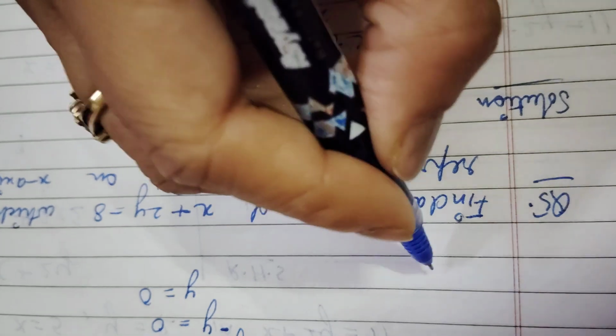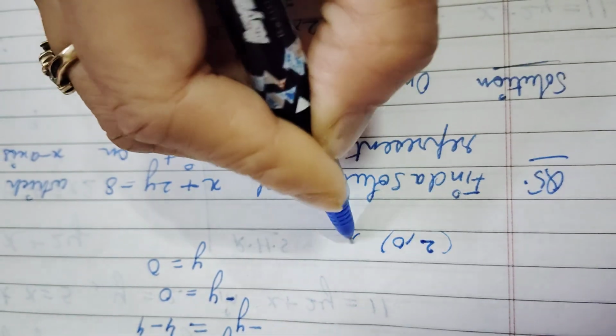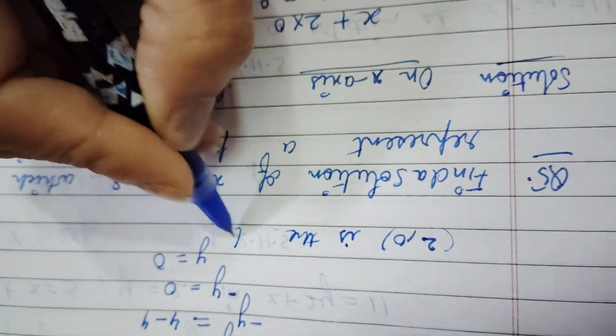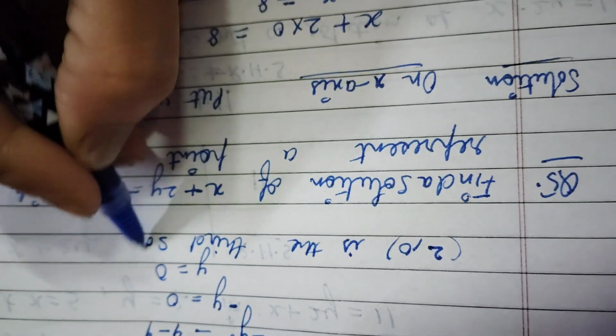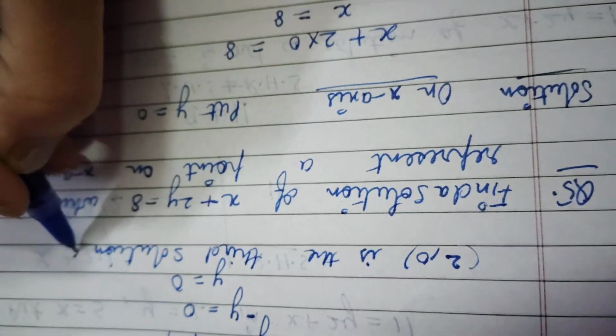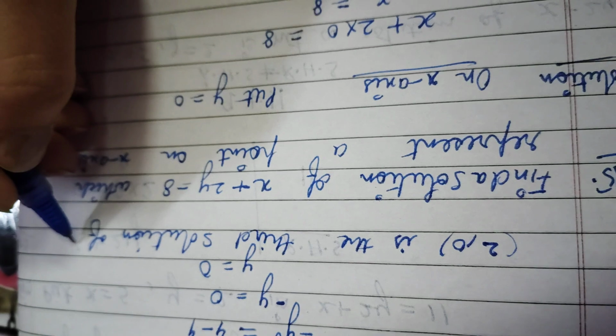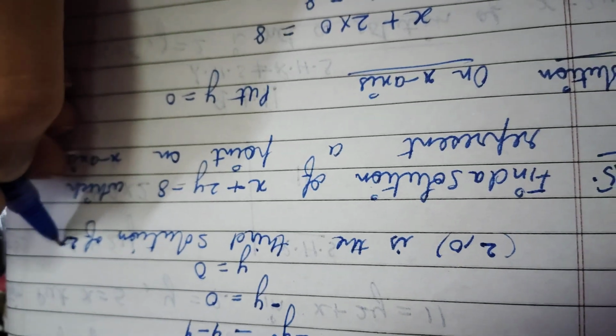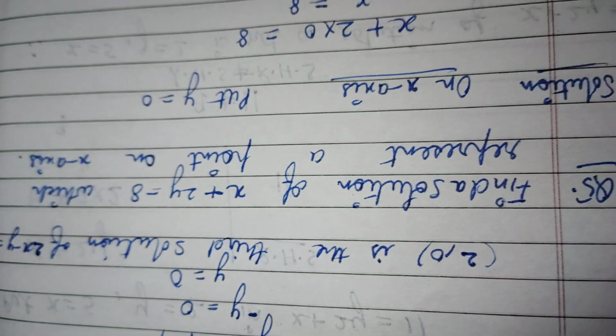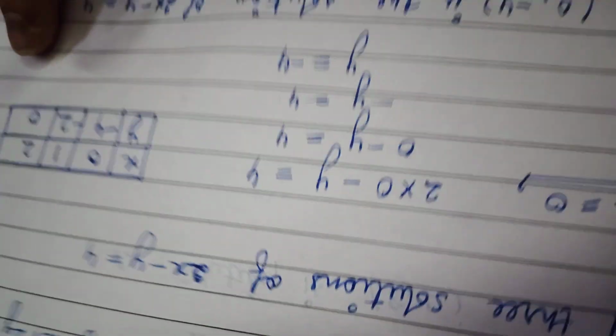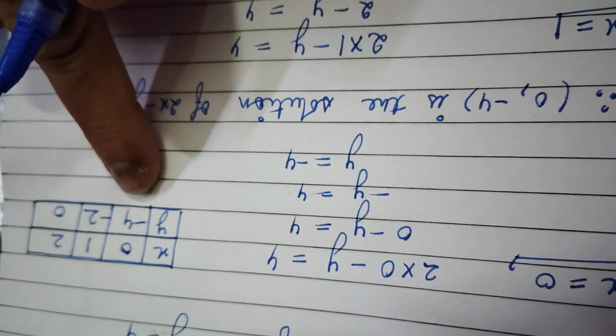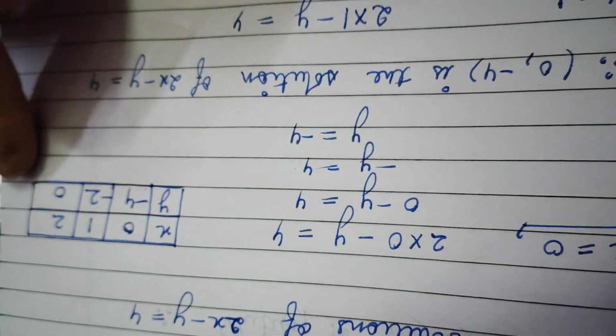So the third solution is (2, 0) of the given equation 2x minus y is equal to 4. Now the three solutions are (0, minus 4), (1, minus 2), and (2, 0).